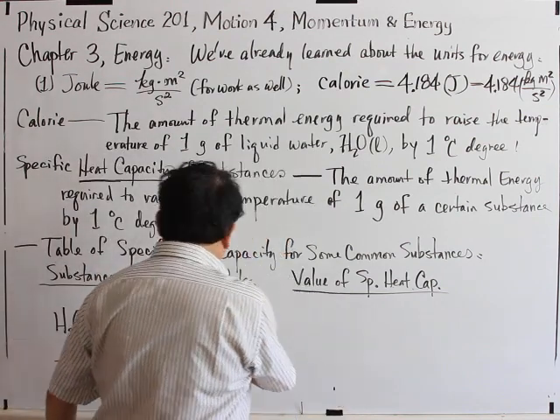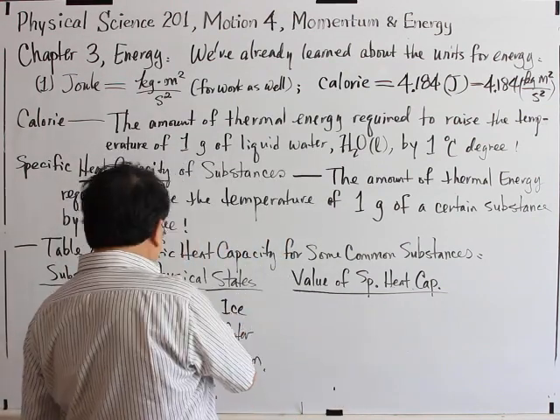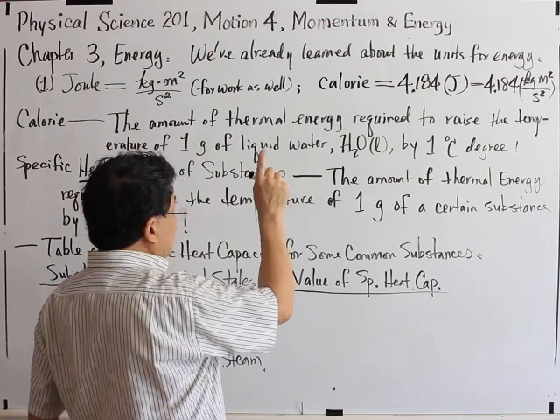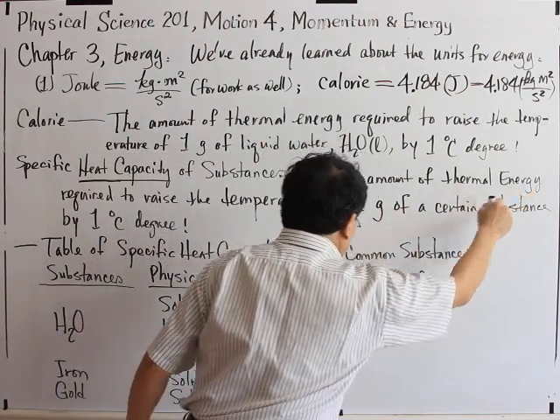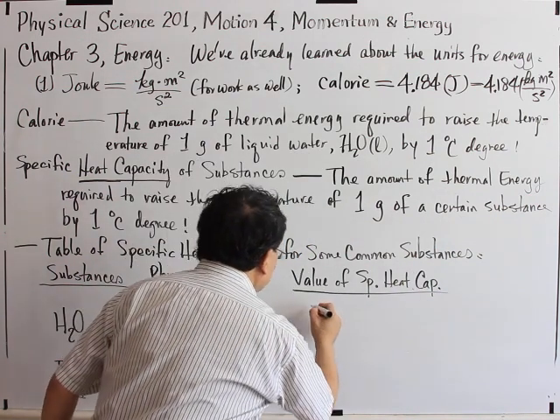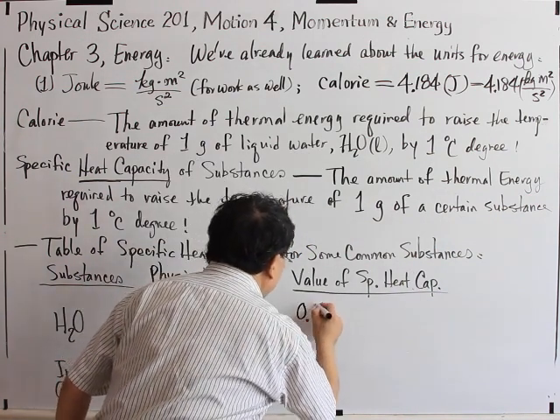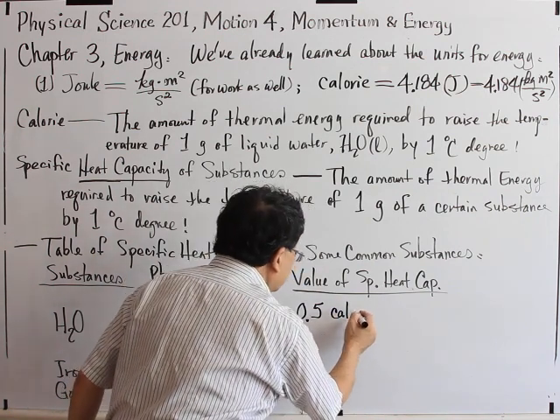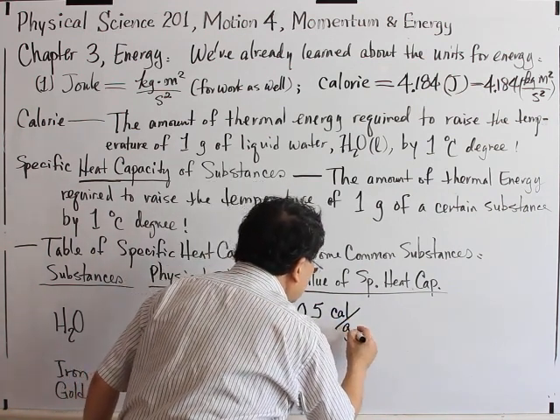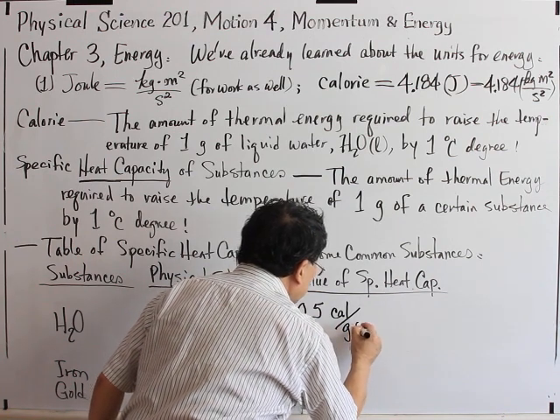So here the value for solid ice for the specific heat capacity, based on the definition, the amount of thermal energy, which is heat, is going to be 0.5 calorie, shorthanded, per gram, per Celsius degree.